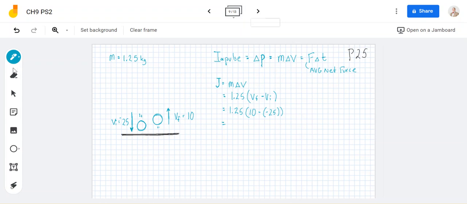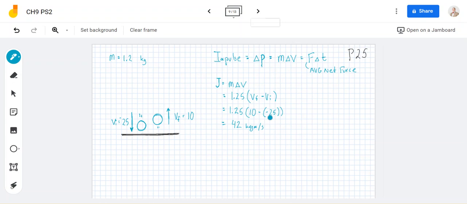Oh, it's 1.2, that's wrong, sorry. Mass is 1.2 kilograms. So that is the impulse that acts on the ball.